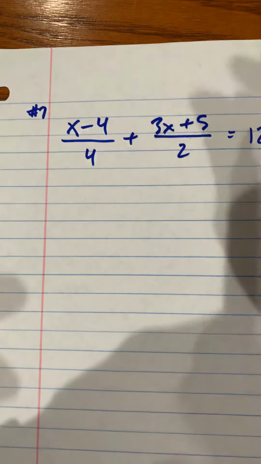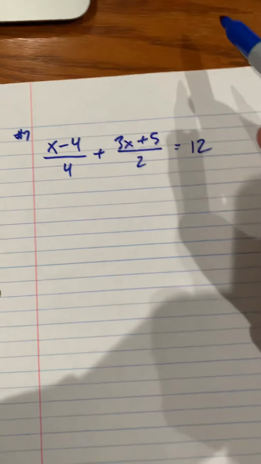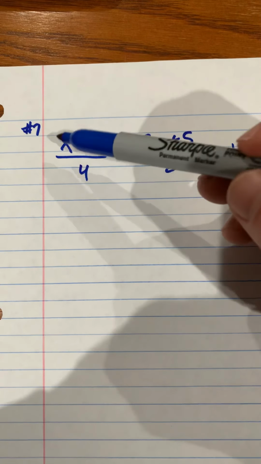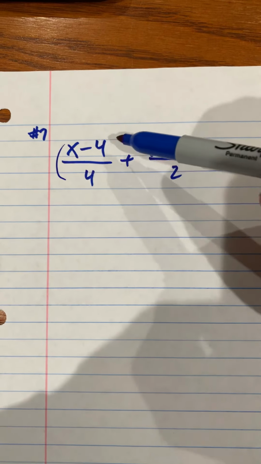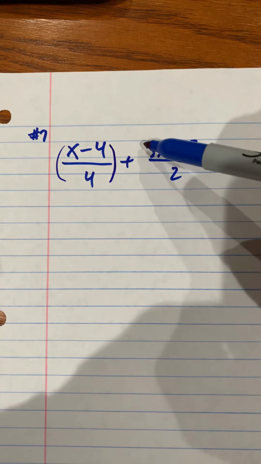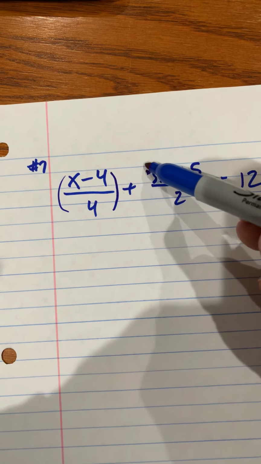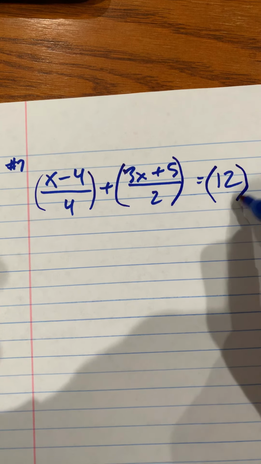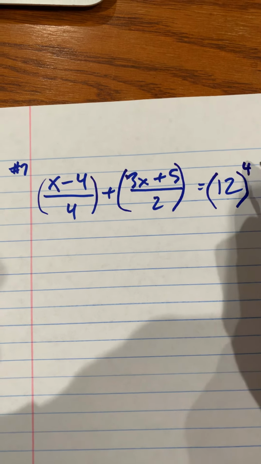It would be 4. The way we get rid of fractions in equations is we multiply everything by the least common denominator. But we've got to multiply every term in the equation. Every term in the equation has to be multiplied by 4.